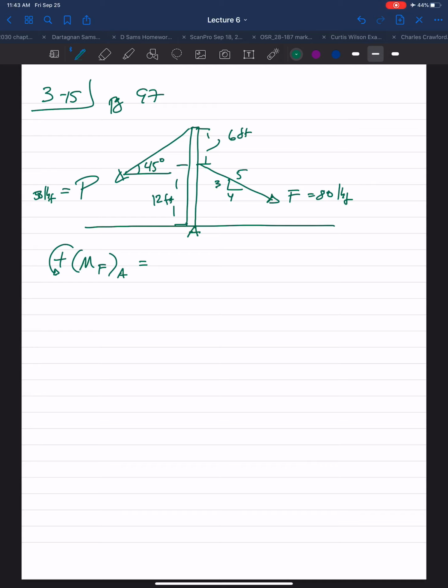The vertical component of force F goes through point A, so there is no perpendicular distance between the line of action of the vertical component of F and point A. But for the horizontal component, there is a perpendicular distance. So that'll be our 80 pounds force times the horizontal component, which is the 4/5 ratio of that. The perpendicular distance then being 12 feet.